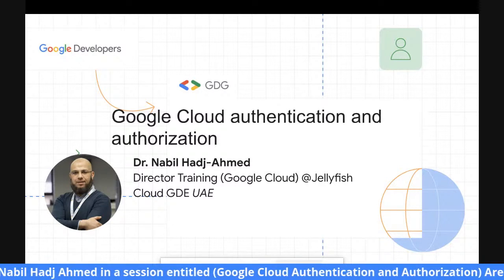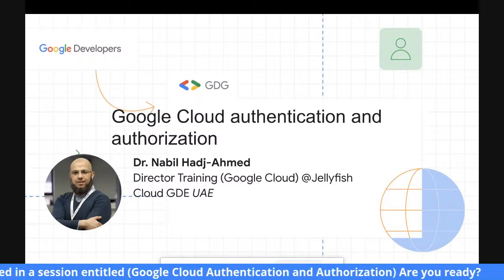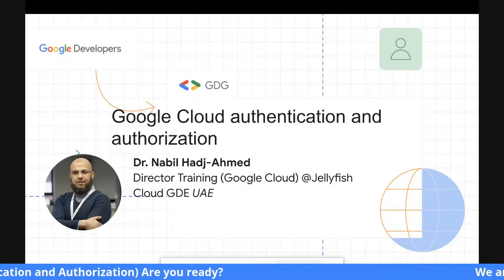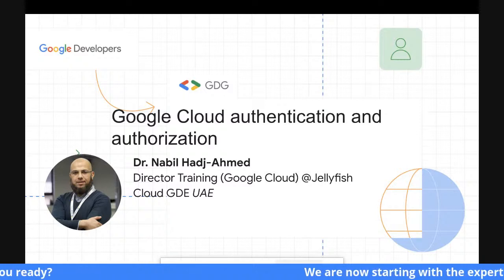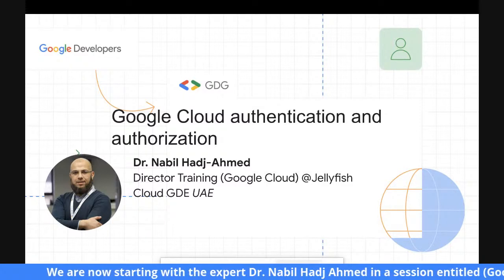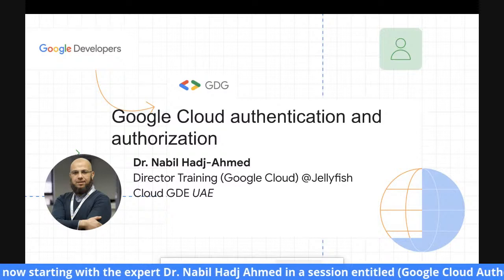There are different layers that are the responsibility of Google, things like where the services are hosted, the data center where the infrastructure is hosted, the lower level at the hardware level, things like replication and authorization at the layer of the infrastructure itself.